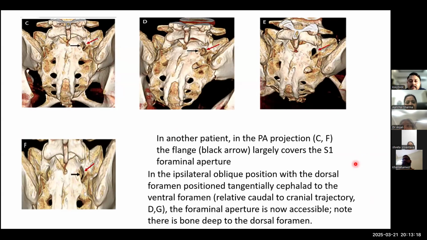In other patients, as can be seen in images C and F, indicated by the black arrow, the flange largely covers the foraminal aperture.